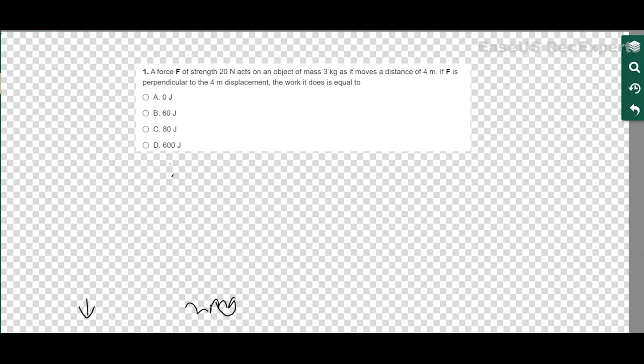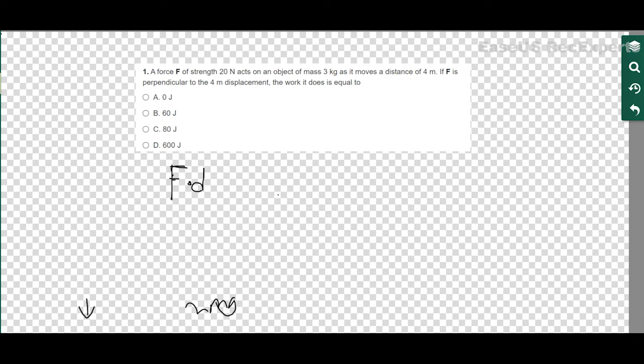Alright, so what they want you to do is use this formula right here, but you have to remember when using this formula, the force over here is only the component that is parallel to the distance traveled, right?